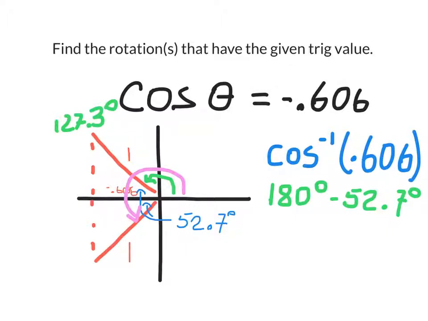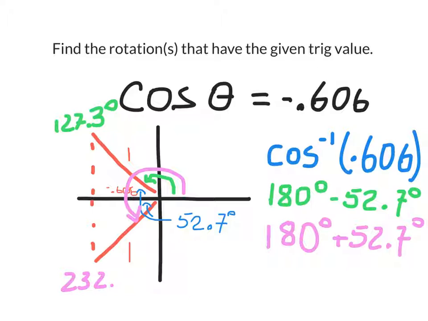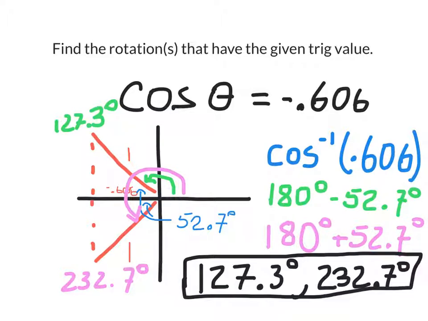For the third quadrant, I know that the reference angle is in addition to 180 degrees that the angle's already traveled. So I'm going to add 52.7 to 180 degrees. And I get that the rotation in the third quadrant is 232.7 degrees. Therefore, my two rotations where cosine of theta equals negative 0.606 are 127.3 degrees and 232.7 degrees.